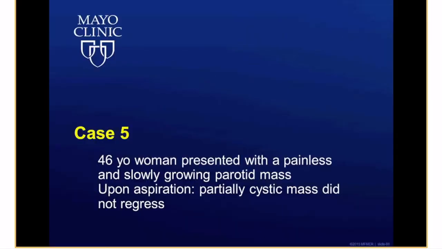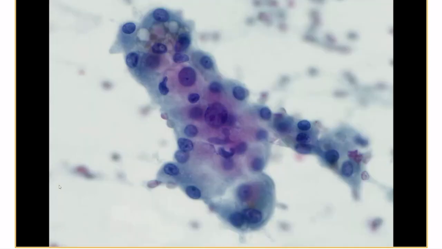Moving on to our fifth case, this is a 46-year-old woman, and she presented with a painless and slowly growing parotid mass. Upon aspiration, this lesion was partially cystic and did not regress. So that is a red flag when a lesion does not regress after aspiration.